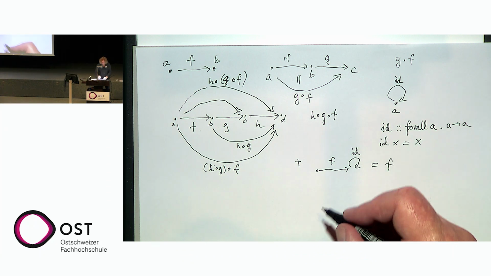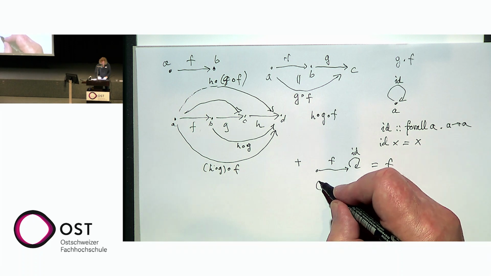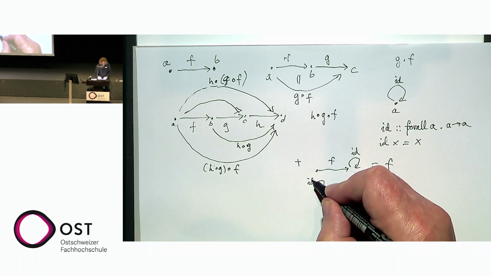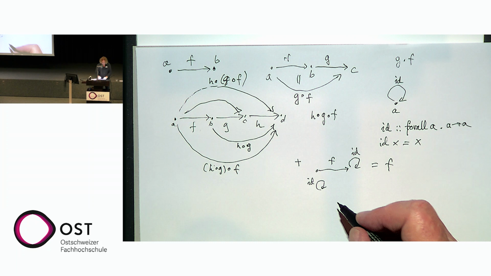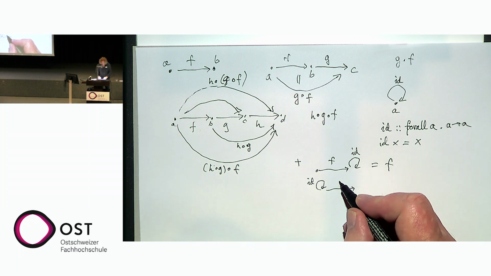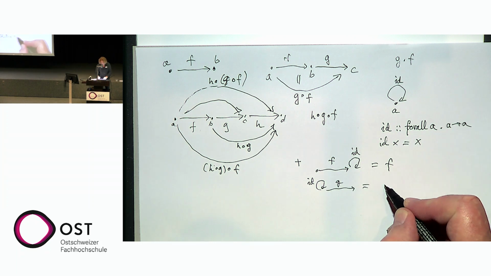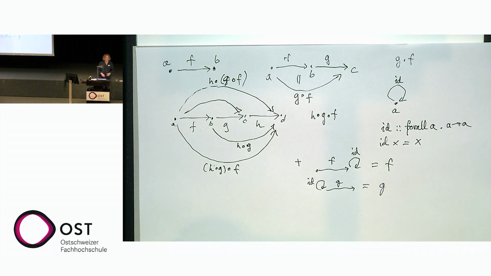Composing with identity doesn't change anything. So this is the right identity, and this is the left identity. So you first apply identity, and then you apply some function g. It's the same as g. Okay? So far, these are obvious things, right?